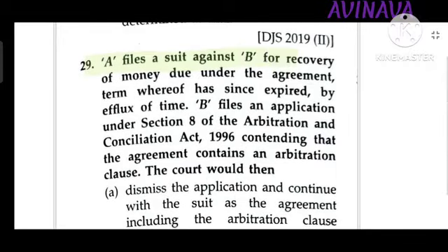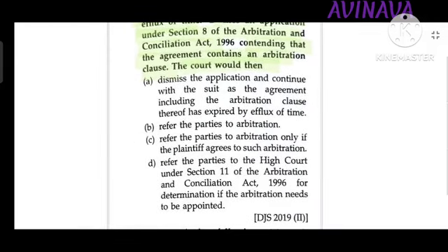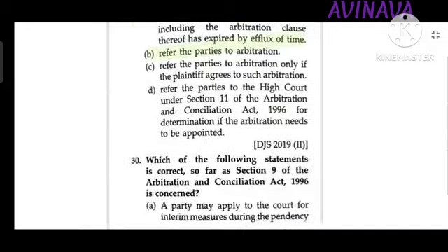A files a suit against B for recovery of money due under an agreement, the term whereof has since expired by efflux of time. B files an application under Section 8 of the Arbitration and Conciliation Act 1996 contending that the agreement contains an arbitration clause. The court would then refer the parties to arbitration.